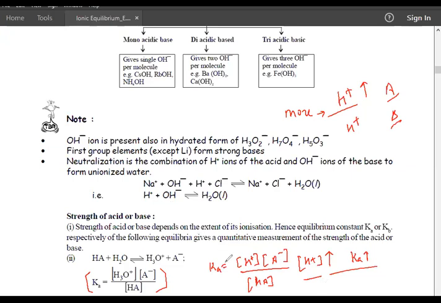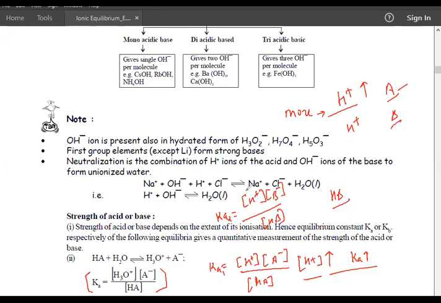Now, this is not this K. I'm comparing K of A and K of B. Suppose I'm taking another acid, HB. So this is Ka1, and suppose we have Ka2, which is concentration of H+ into concentration of B- divided by concentration of HB. Now you take same amount of HB and same amount of HA, right?